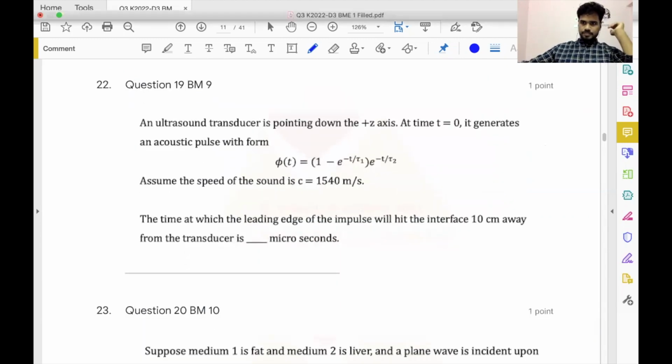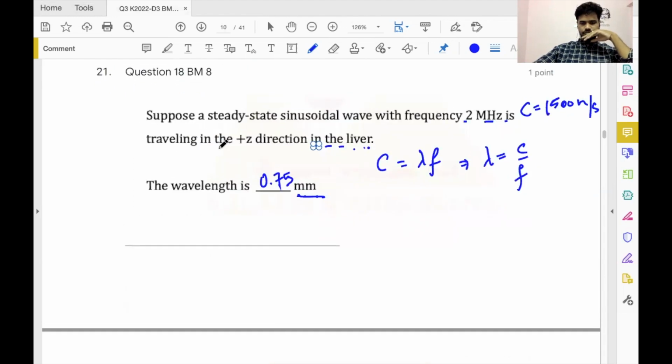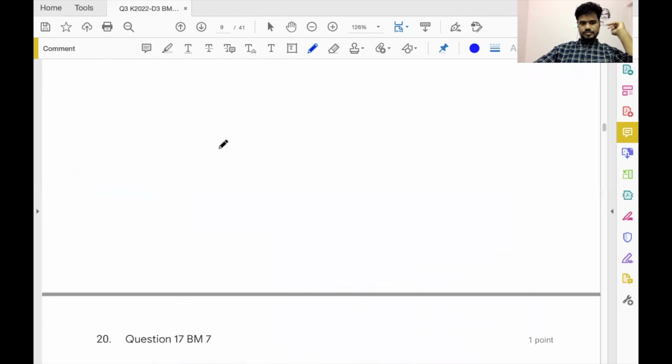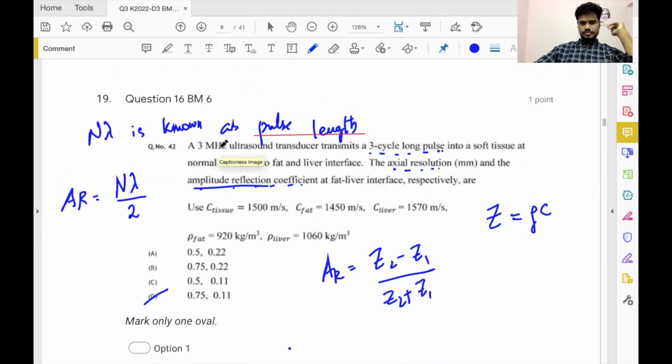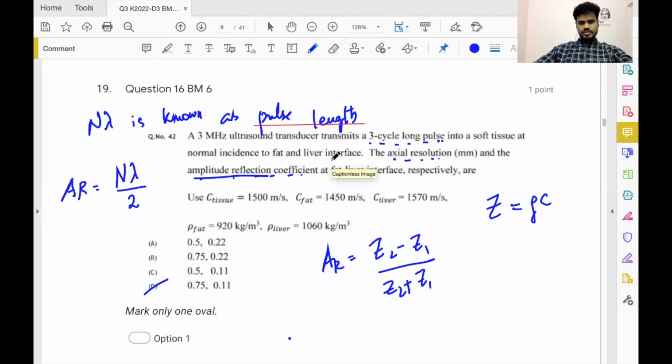Sir, I have a doubt. Two questions ago, when we were talking about the axial resolution, there we have the number of cycles to be 3 and the wavelength to be 3 megahertz. So how do we get 0.375 there? No, we don't have the wavelength to be 3 megahertz. Megahertz is a frequency. So lambda is C over f. Oh, sorry, yes.